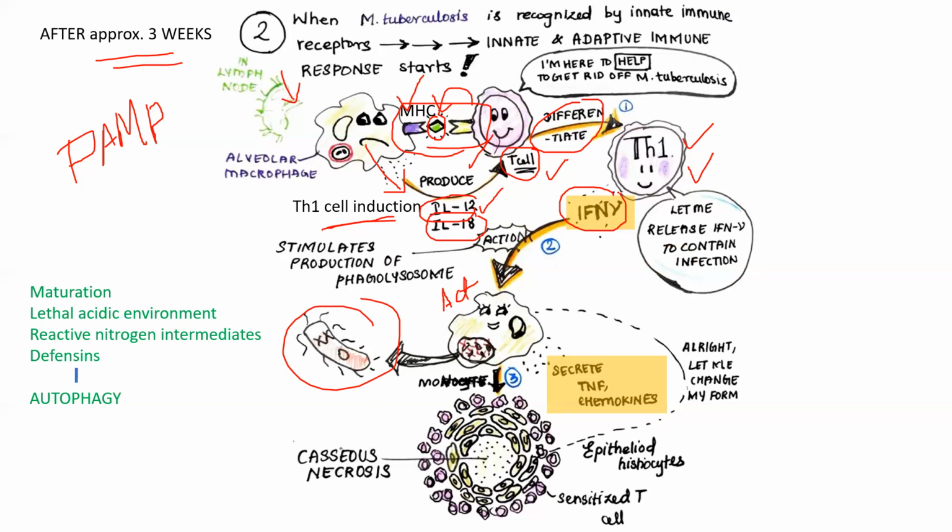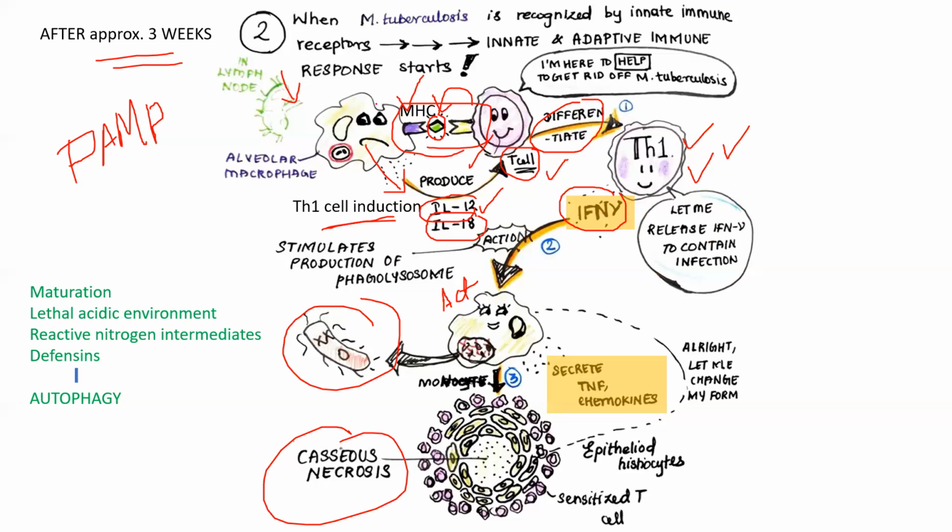Now this interferon gamma is a critical mediator which activates the macrophages, and it enables them to contain the Mycobacterium tuberculosis infection. Now, the whole point of why caseous necrosis is formed, or why there is a Th1 cell coming in, why there's T cell mediated immunity, is because when your body cannot eradicate a pathogen, it switches over to mechanisms to contain it. And thus, it can also result in tissue damage. We'll see how that happens.